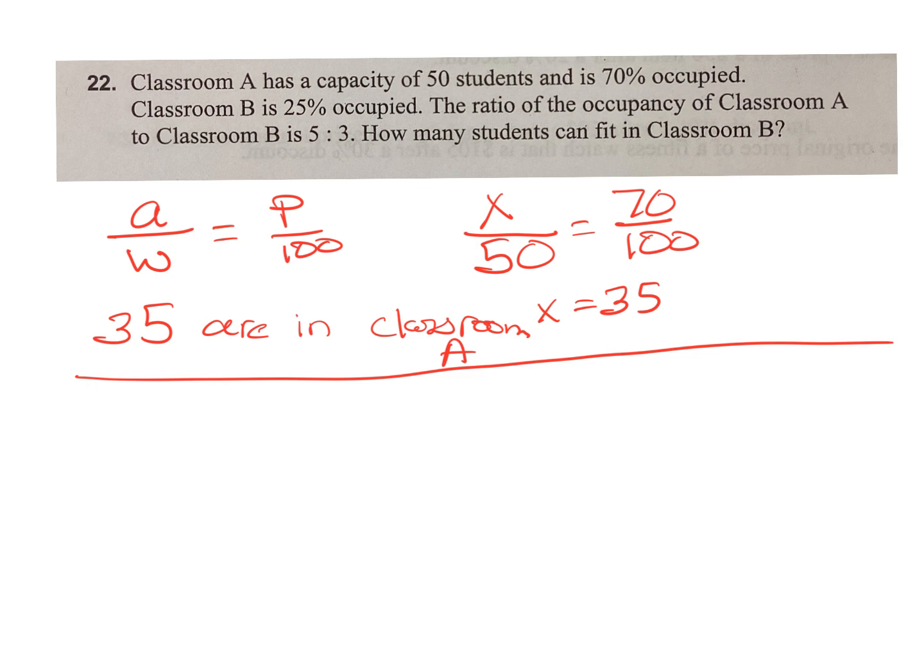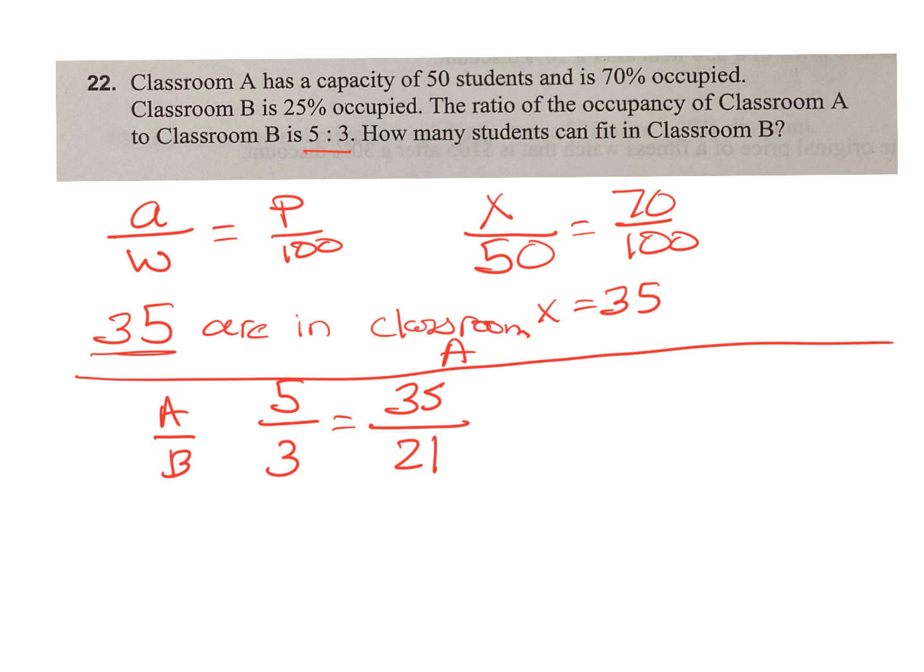All right, that's one piece of information we needed to know. Now, it tells us the ratio of A to B is 5 to 3. So A is 5, B is 3. We actually know what A is. It's 35. And so we can figure out B. 3 times 35 divided by 5 is 21.